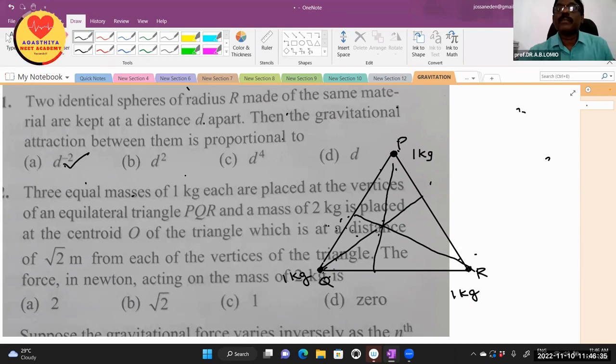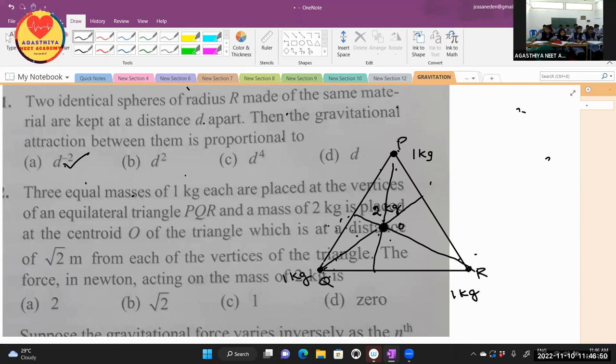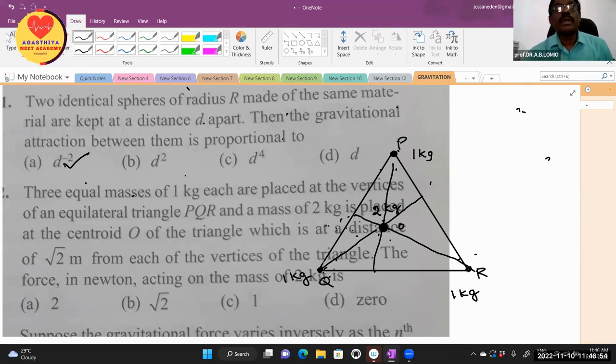Say this is the centroid O, on which the 2 kg mass is placed, which is at a distance of √2 meter from each vertex of the triangle.